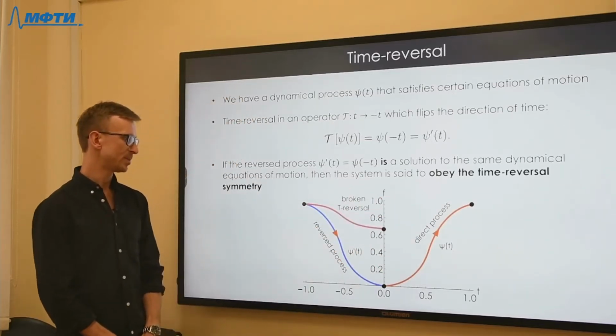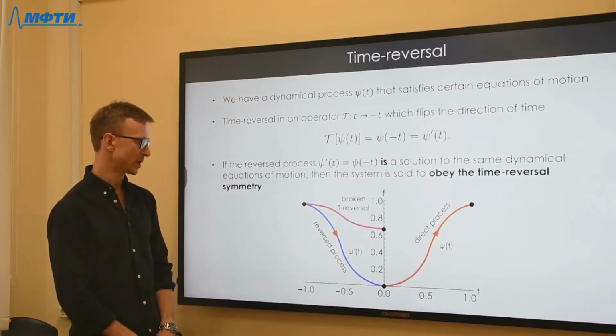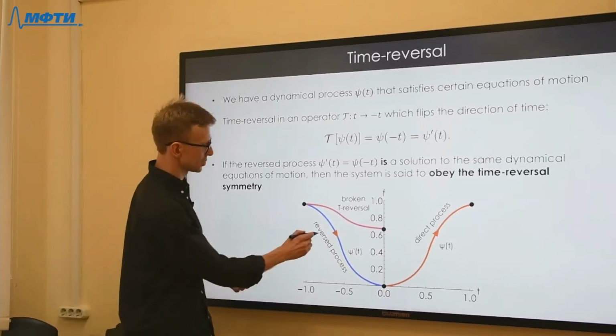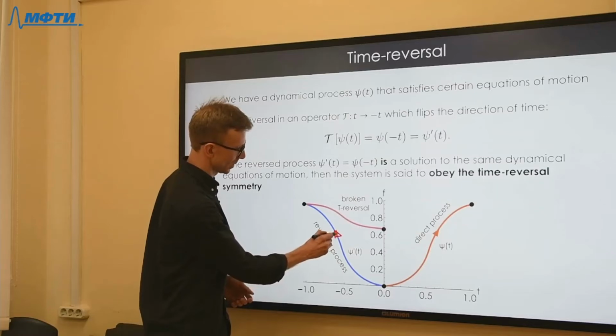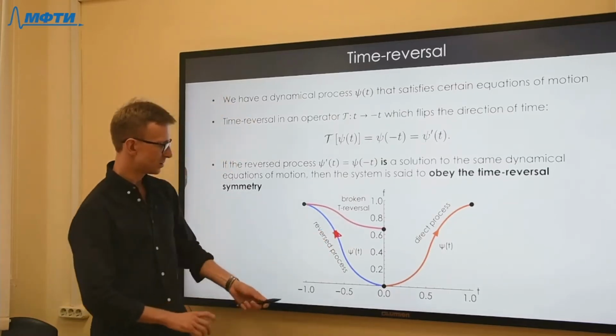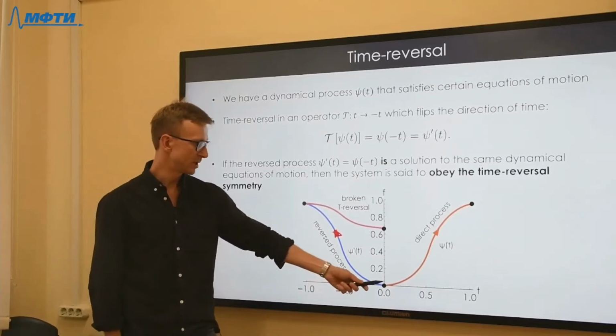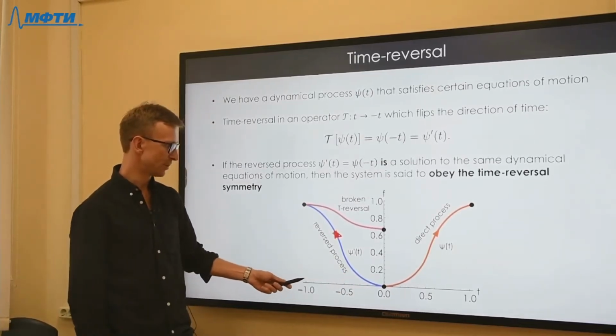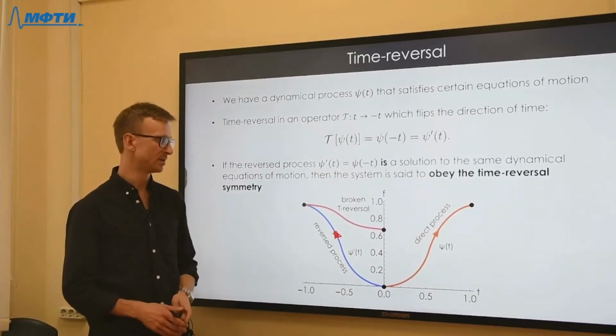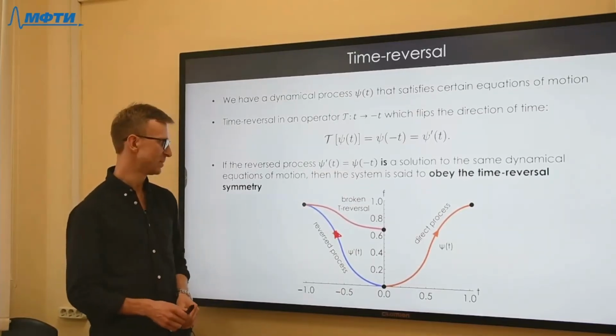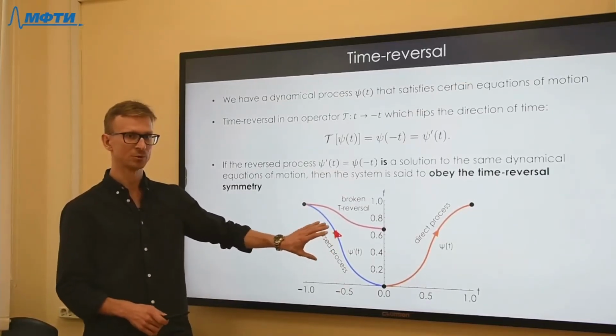And then we can map time backwards, and we can consider the psi prime, which goes from here to here in the negative direction of time. And this is the reverse process. And if the system is time reversal symmetric, then this process is also a solution to the same equation.